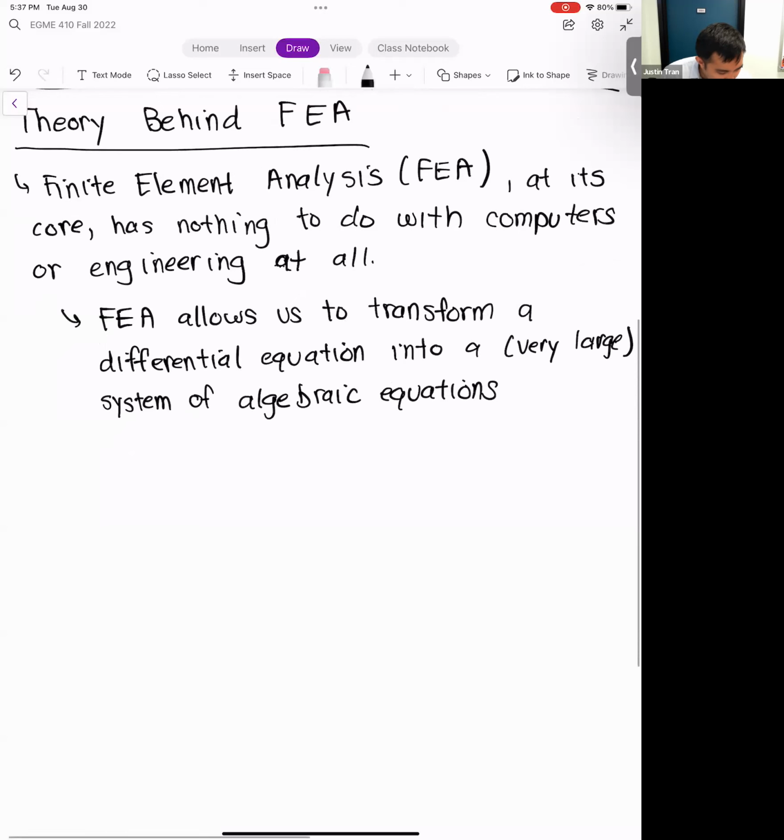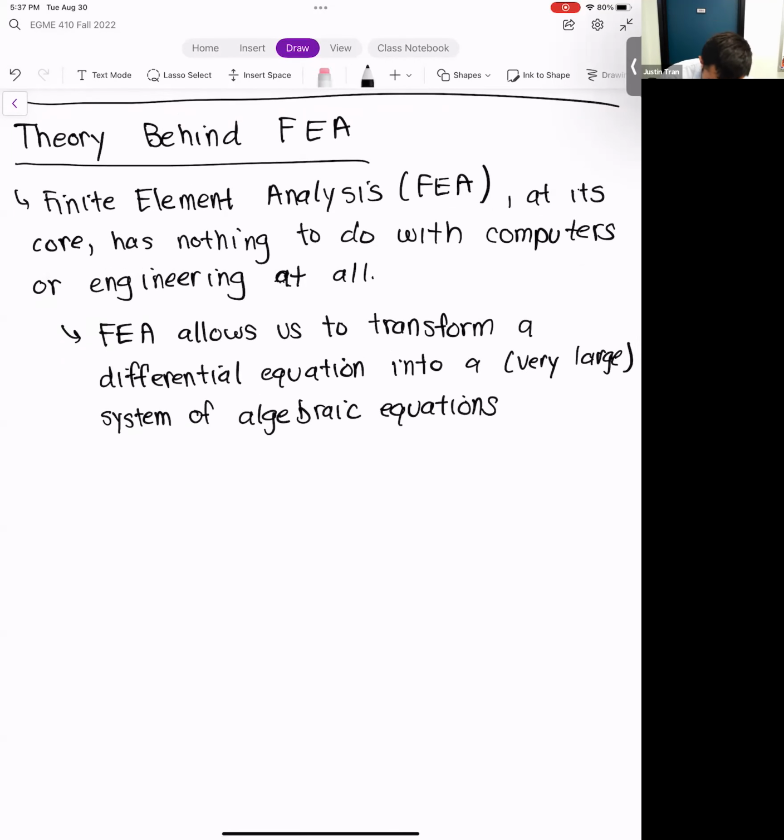And so if you have a differential equation, the one that I like to refer to is the heat equation. So this is one form of the heat equation.